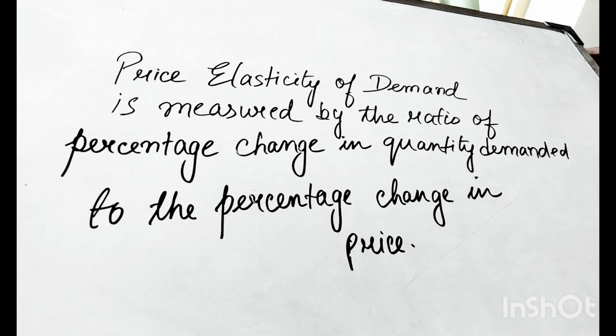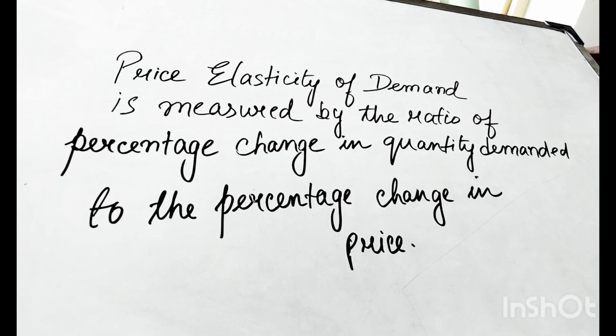That means, how much is the percentage change in the price, and due to this percentage change in the price, what will be the percentage change in the quantity demanded.